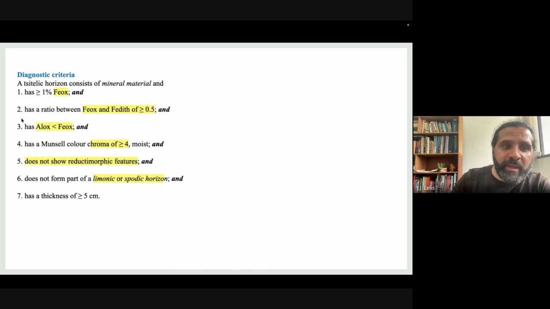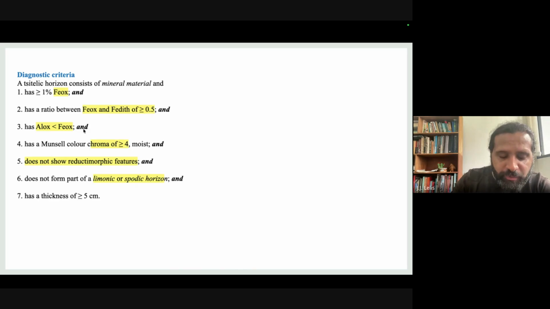It should register more iron associated with ammonium oxalate than aluminium. It should register a Munsell color chroma equal to or higher than 4, and it does not show reductimorphic features.